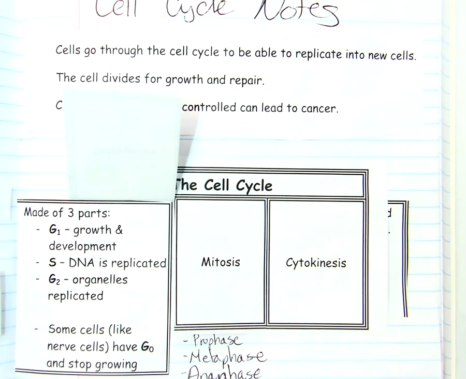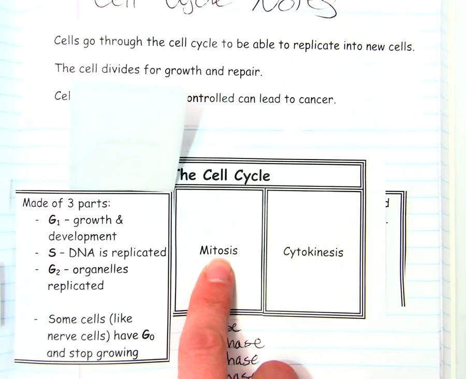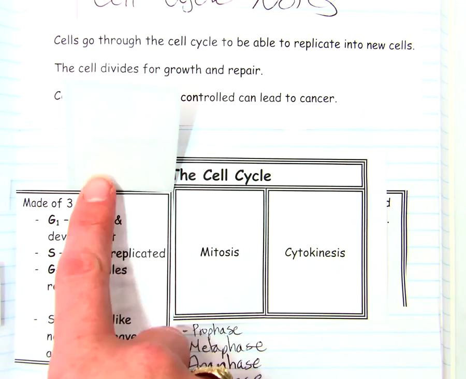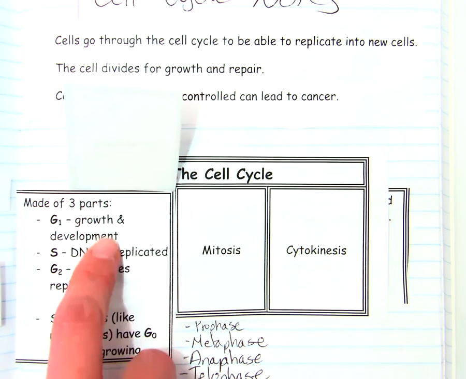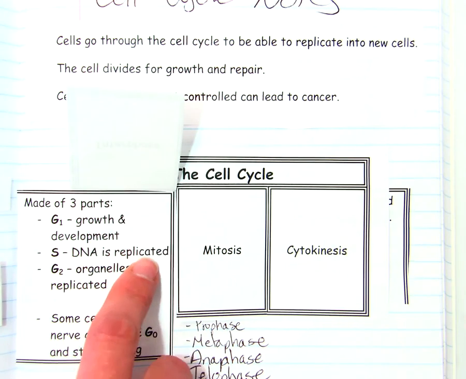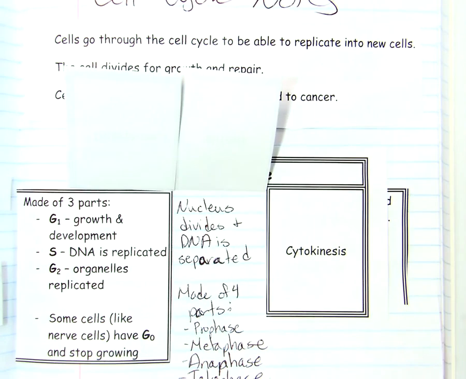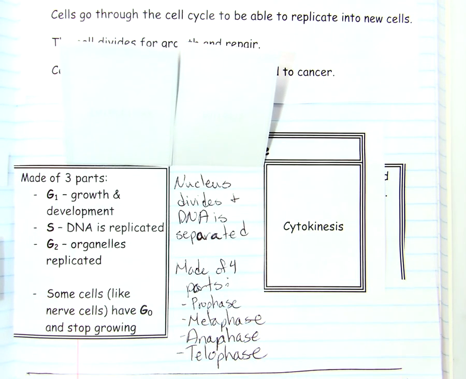Alright, second part of the cell cycle is mitosis. Lots of things happen in mitosis, but it's one of the shorter parts of the cell cycle. Interphase is the longest. Takes the cell a long time to grow and develop and replicate and make organelles. In mitosis, the nucleus divides, and the DNA within the cell is then separated into those two new nuclei.